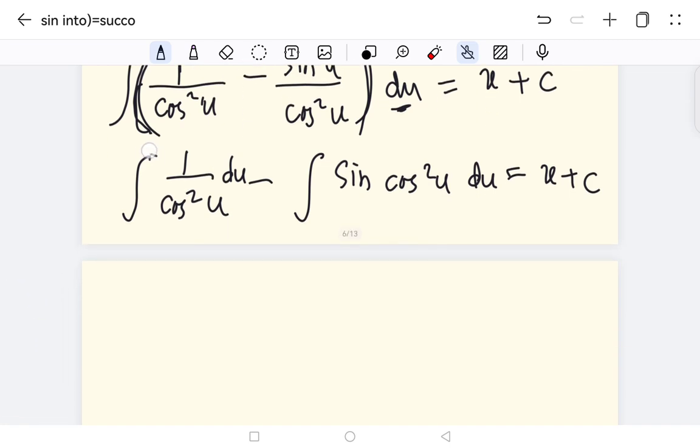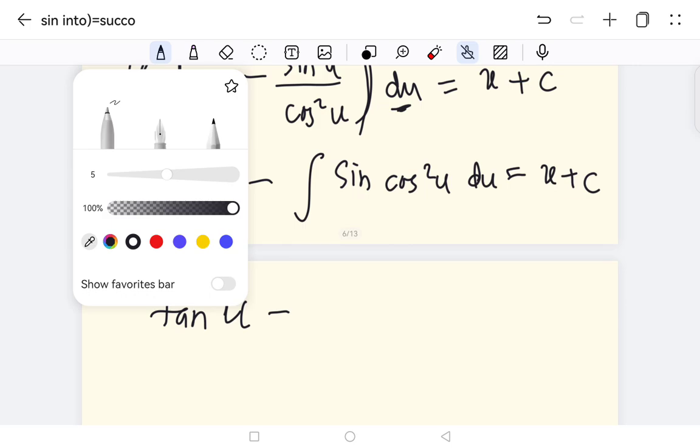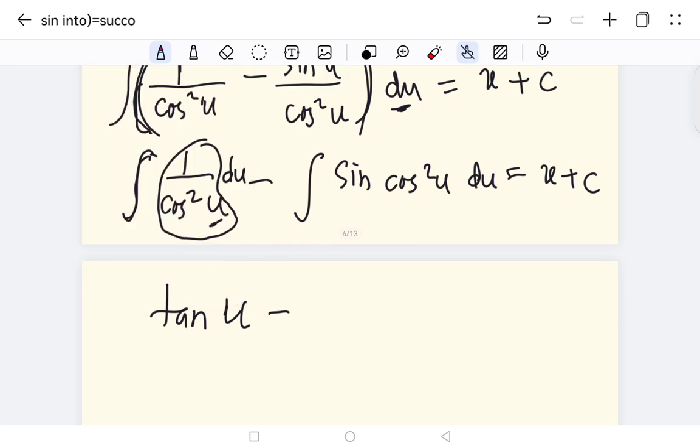Now, the integral of 1 over cosine squared u, if you look at the formula booklet, is the same as tangent of u, because this is in variable u. Minus, and on here, this is the tricky one that you need to think about. Because this is a power of 2, and cosine can be extended, let's say I want to put this as another variable.